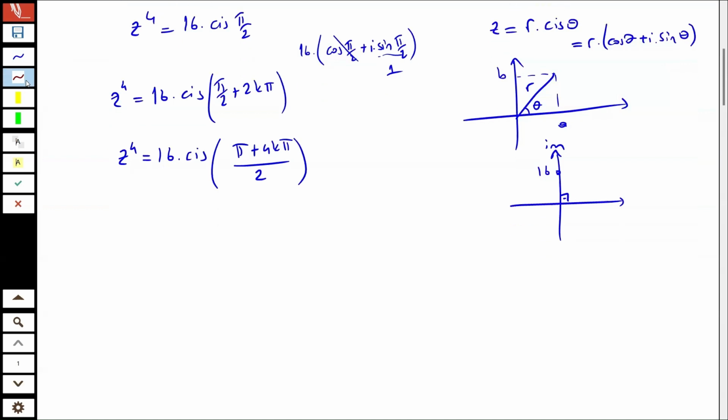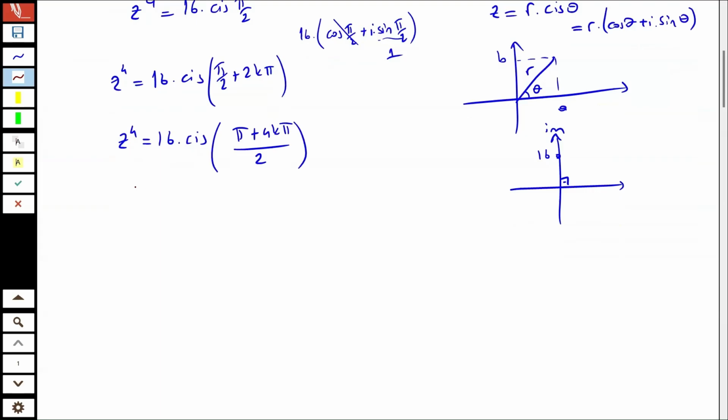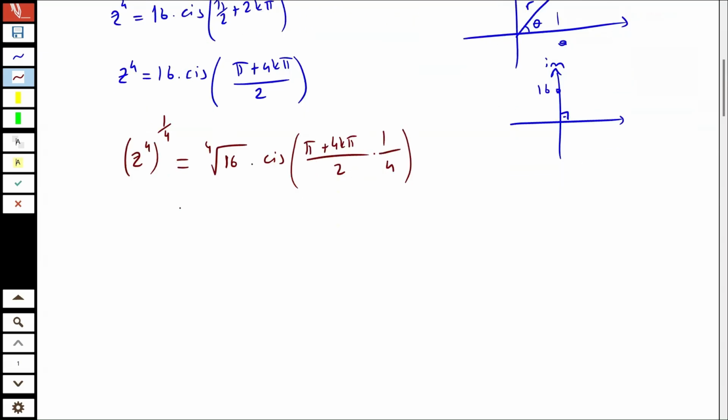When we want to find the root of this complex number, we find the 1 over 4 power of this complex number. It means you will also divide the angle of this complex number by 4. So in this case, that's going to be 2 times cis of pi plus 4 times k times pi divided by 8.